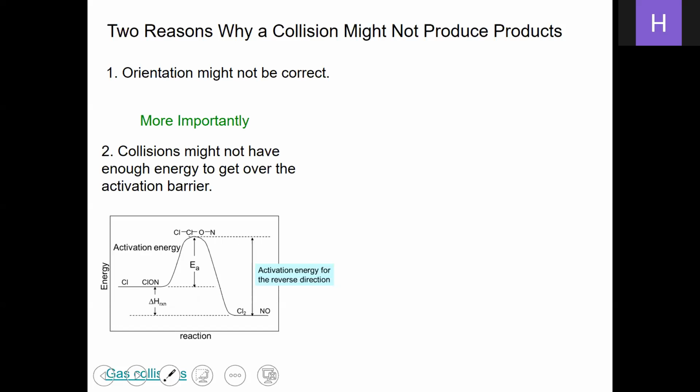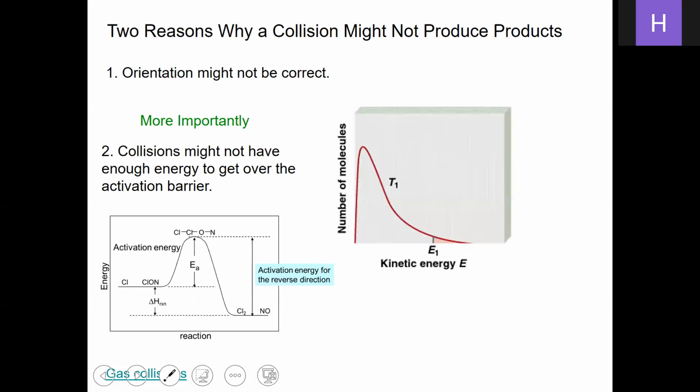So if I look at a spread of the kinetic energies of my molecules in a given system, given by this plot on the right, if I say E1 here is my activation energy, that's the value of my activation energy barrier.